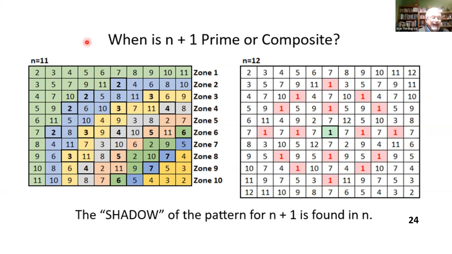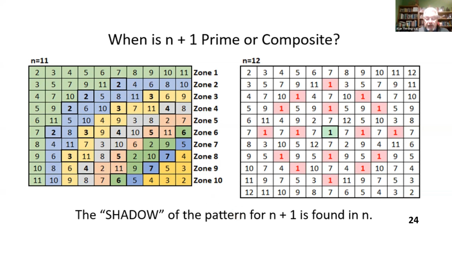And in n equals 11, that doesn't have any ones itself because 11 is prime. Notice the numbers in bold. That's the same pattern that is in the number that follows this.